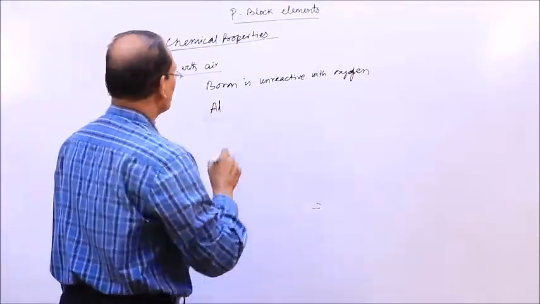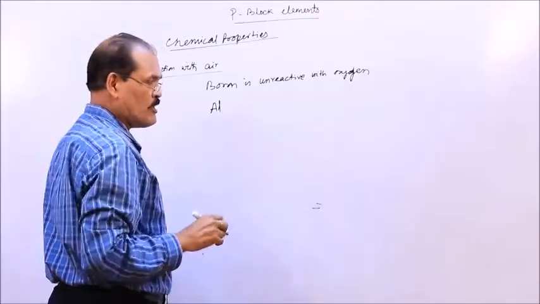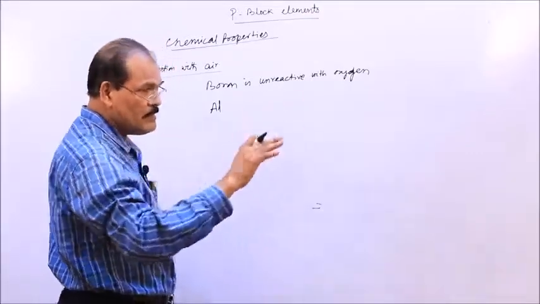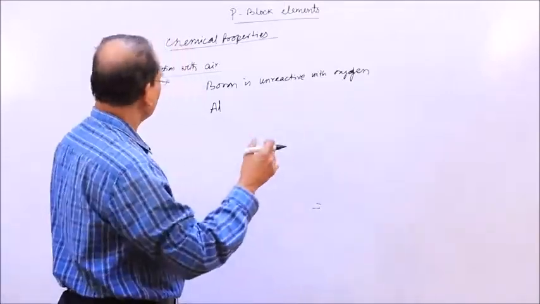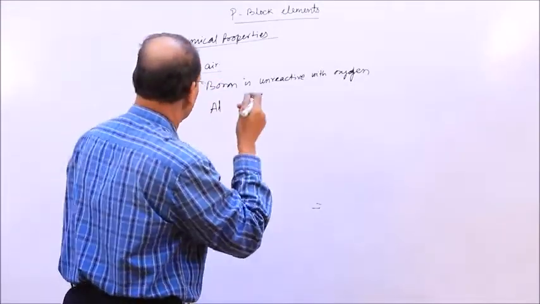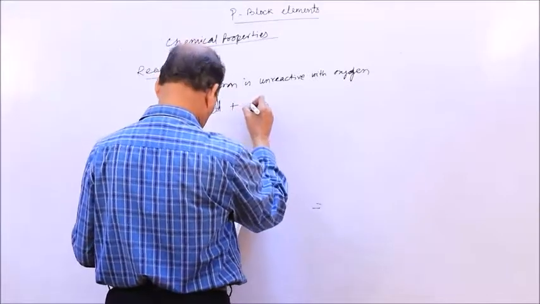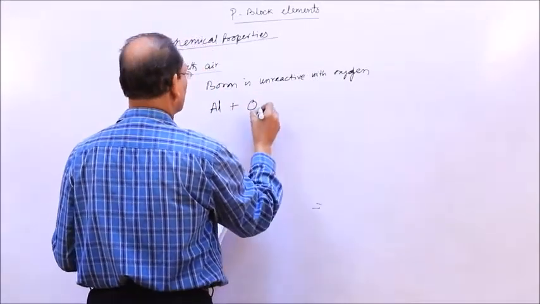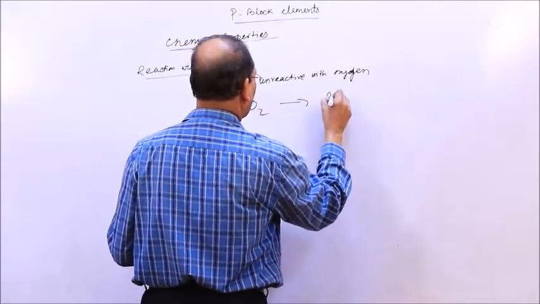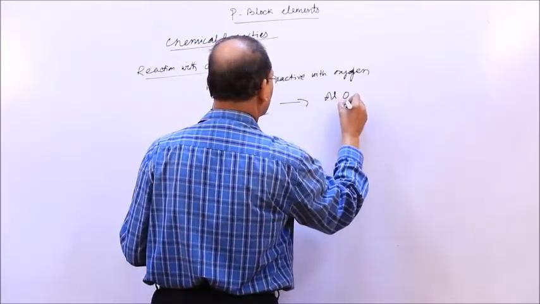Aluminum reacts with oxygen forming aluminum oxide, that is, first it gives a layer on the outermost surface, then it is unreactive.